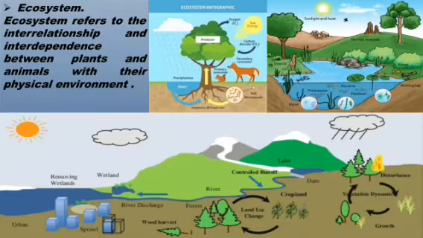Carbon dioxide, which is exhaled by the animals, is inhaled by the plants. Oxygen is exhaled by the plants, and that is inhaled by the animals. This is the relation. And the physical environment includes the various domains, that is water, air, land. These are the most important things which are required for both plants and animals.